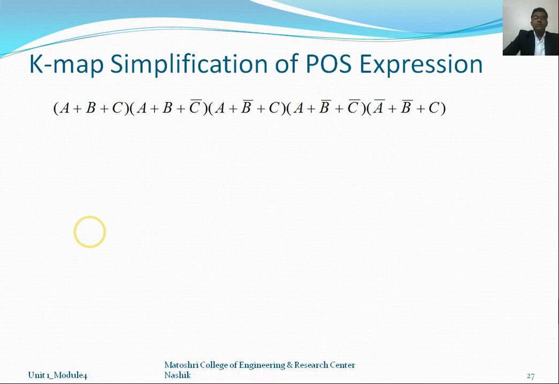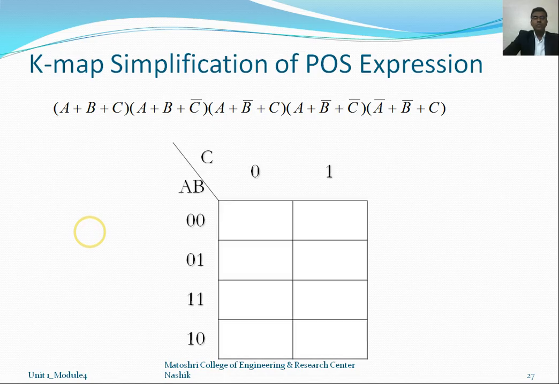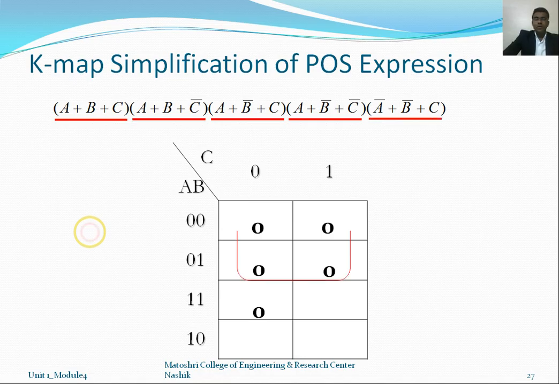So this is the K-map simplification for POS expressions. For 3 variables, first we indicate here the first sum term, then the second, third, fourth and fifth sum terms. And then we move to the groupings.